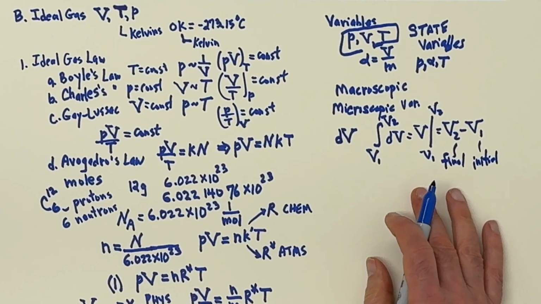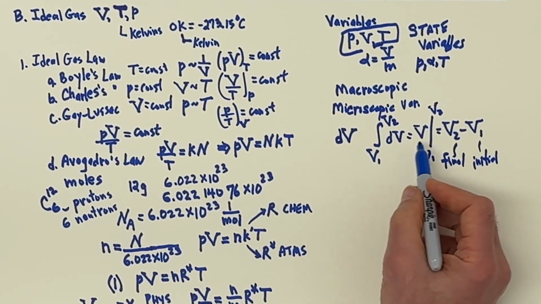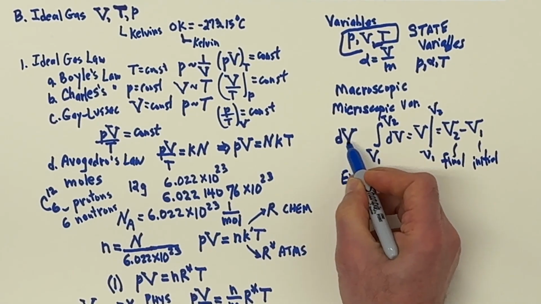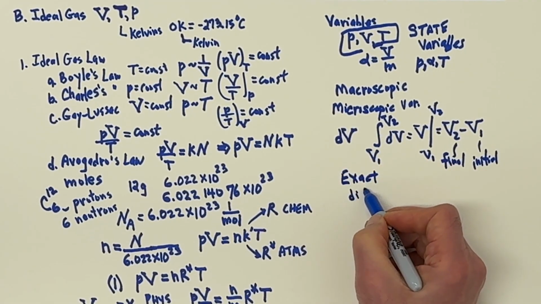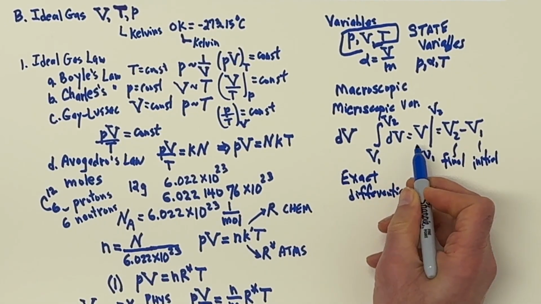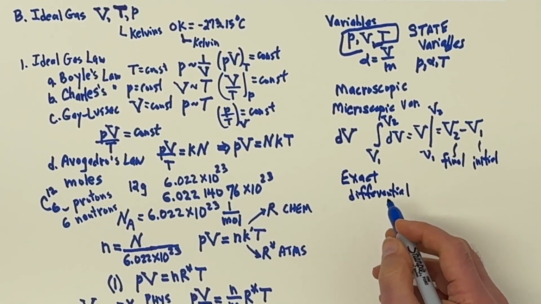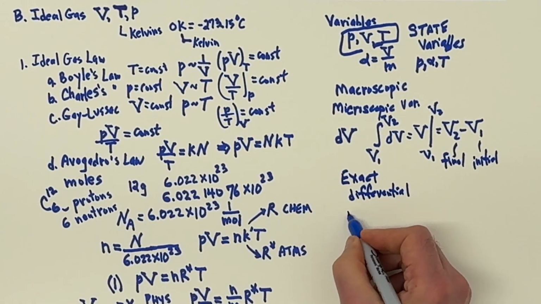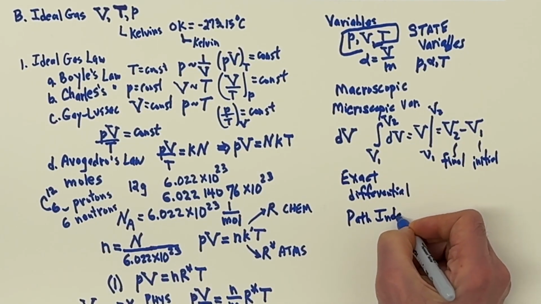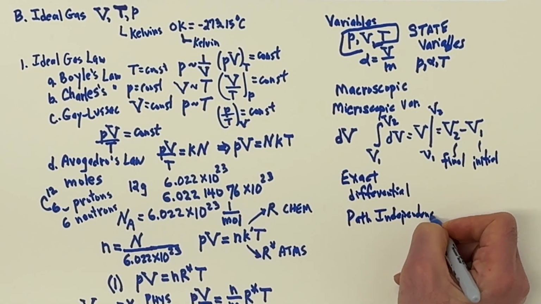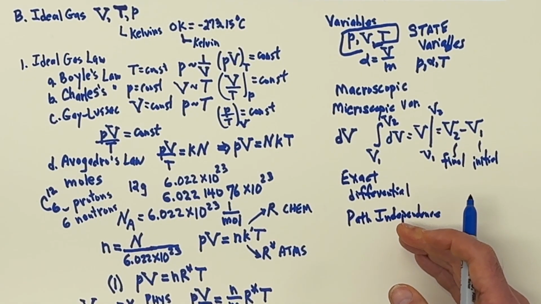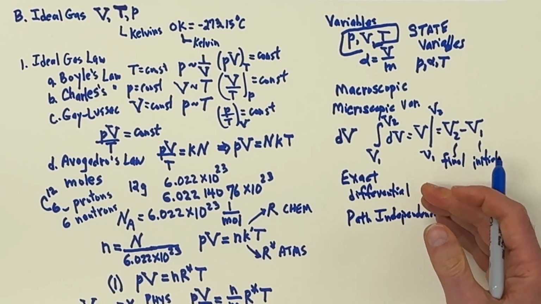So this is called an exact differential when you can do this and have a dV that makes sense. And when you go from one volume to another, and it doesn't matter how you do it, that's called path independence. You might say volume 1 went to some other volume, then that was there for a while, and then it went to volume 2.